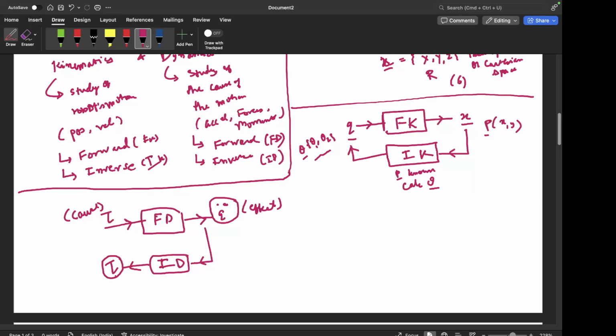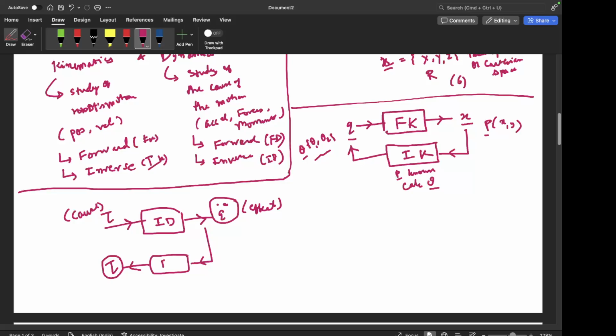Wait. I think I missed something between these two. The arrows would be changed, or this would be changed. So this is the inverse dynamics problem.